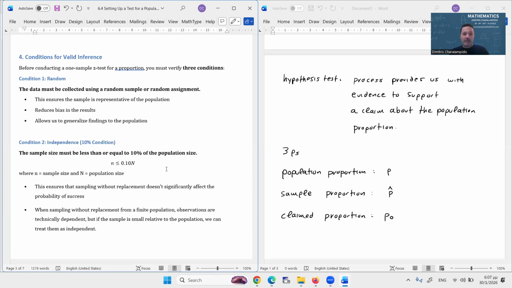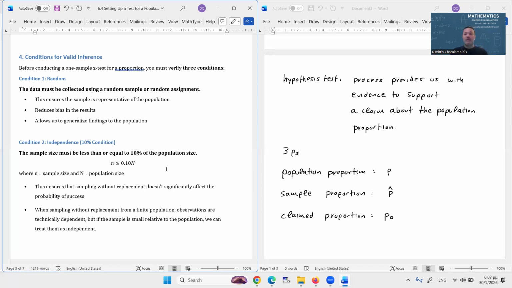The data collected, this means my sample, must be collected through a random sampling technique. This will ensure that the sample used is representative enough of the population, it will reduce bias in the results, and it will allow us to generalize our findings to the entire population. So we have to have a random selection of the sample used.